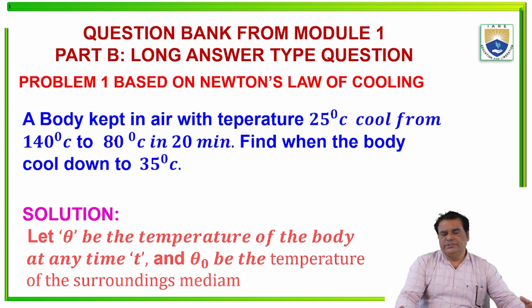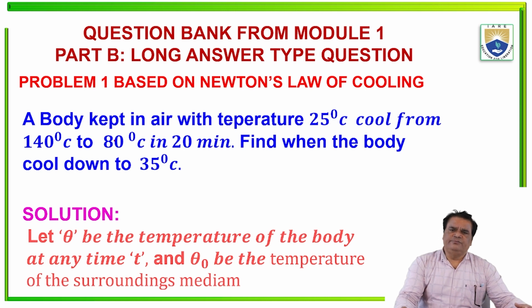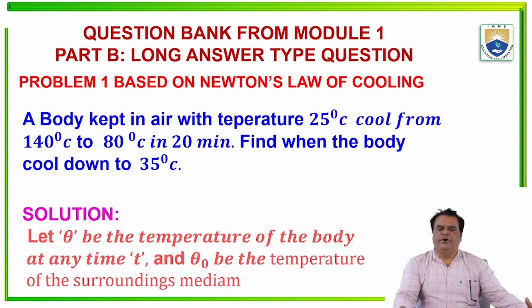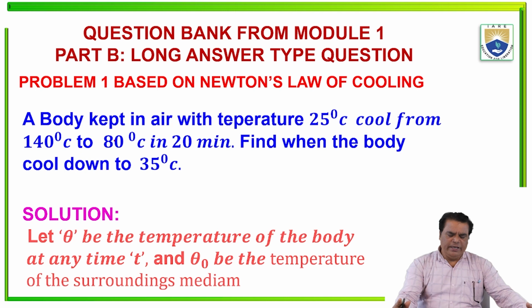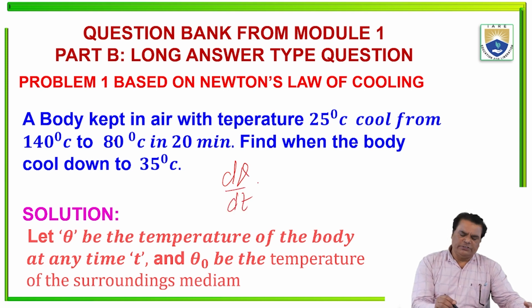Basically, the rate of change of the temperature of the body is proportional to the difference between the temperature of the body and the temperature of the air medium. So the formula is d theta over dt proportional to minus k theta minus theta naught.